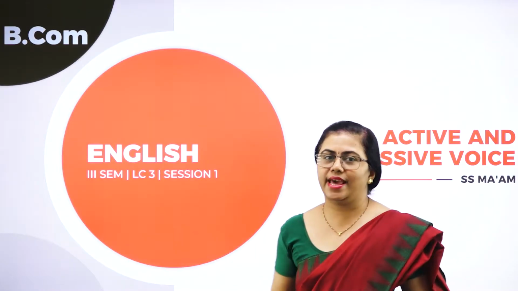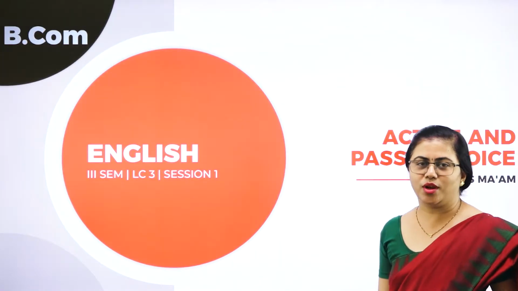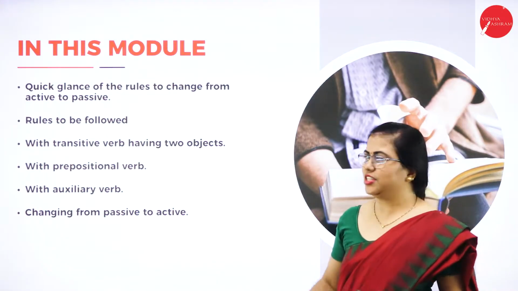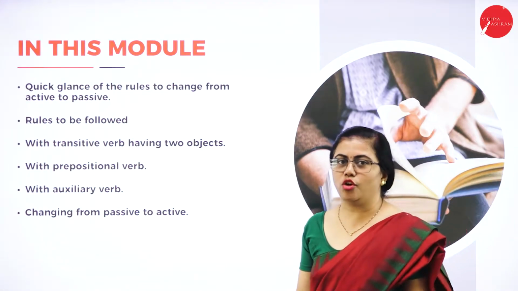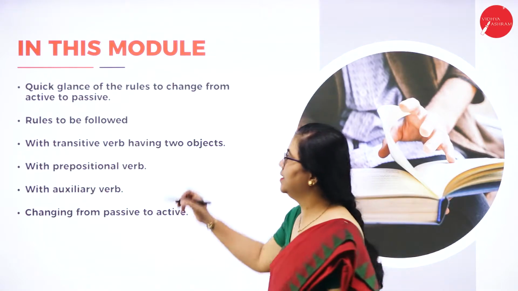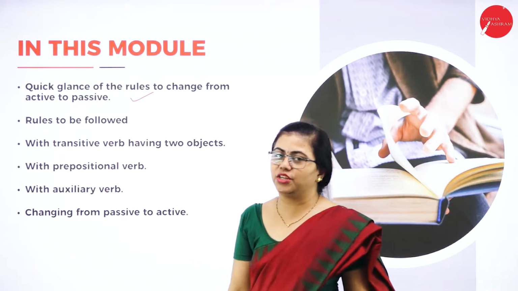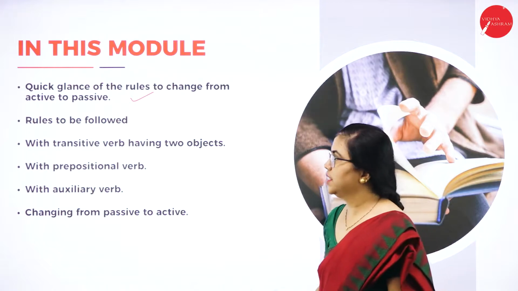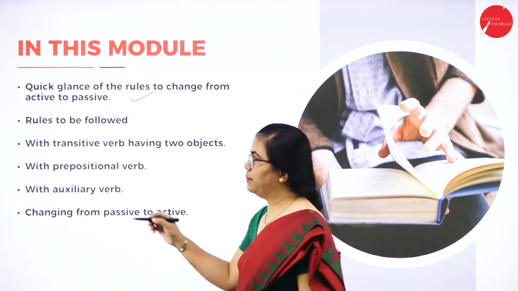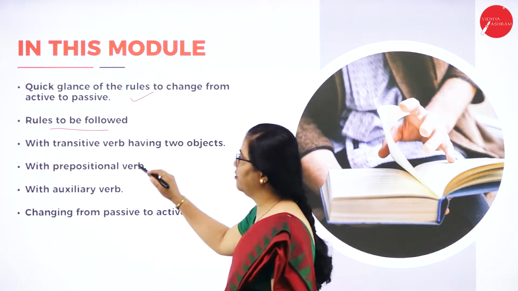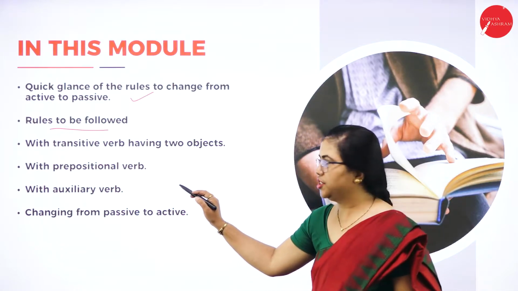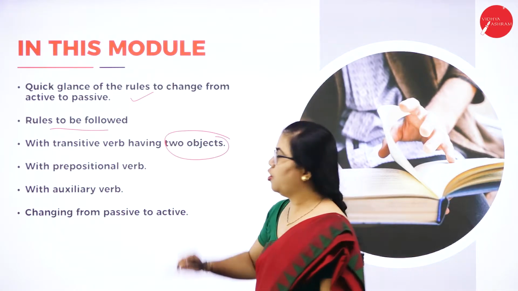So what is there in today's module? Let us have a look at it. We are just going to have a quick glance of whatever rules we learned in the previous session for changing from active to passive voice. Then we will also learn about the rules to be followed with a transitive verb having two objects.